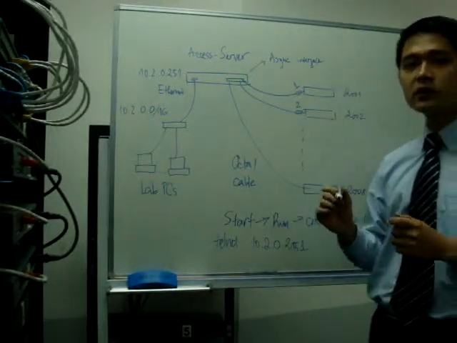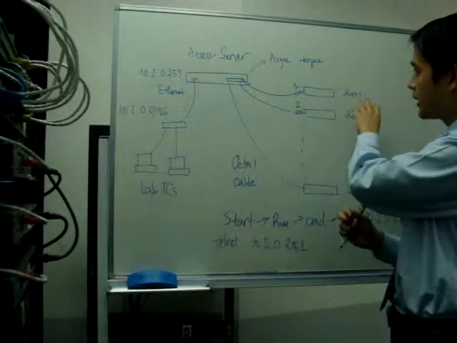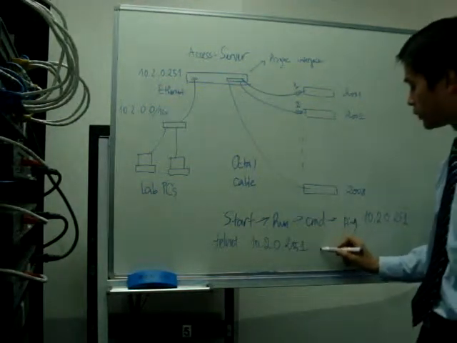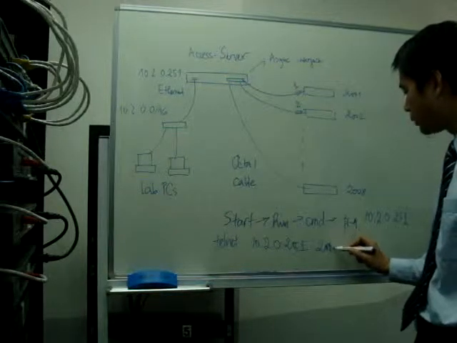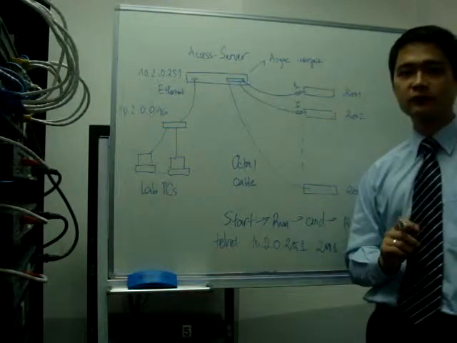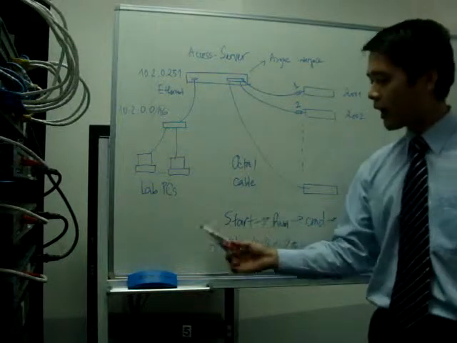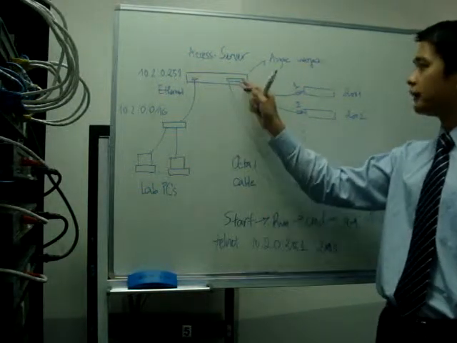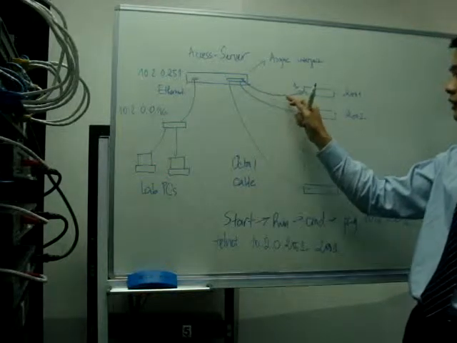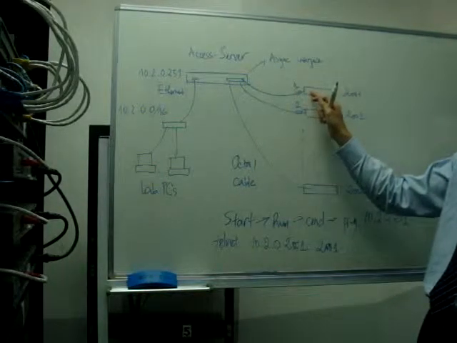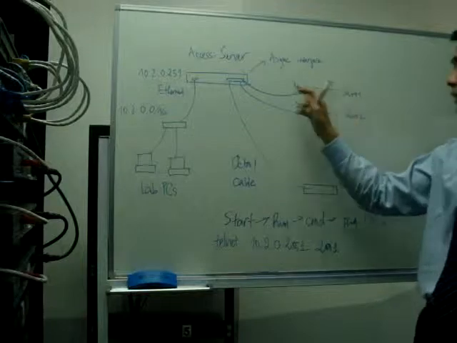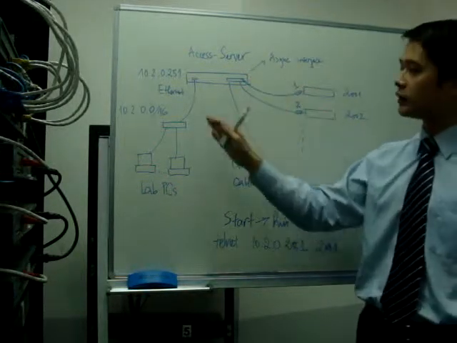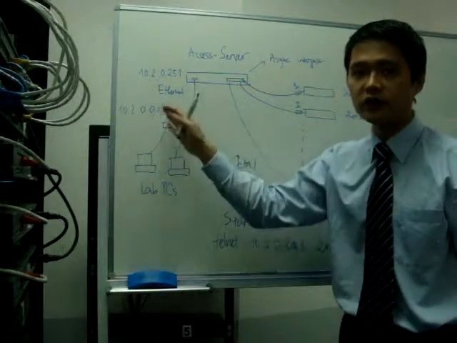So here, if I want to connect to the first router in the rack, which connects to the access server, I will input the port number 2001. So I have a telnet session to the access server, and I follow this line of the octal cable to get into the first router, and this part is the console connection, but this part is the telnet connection.